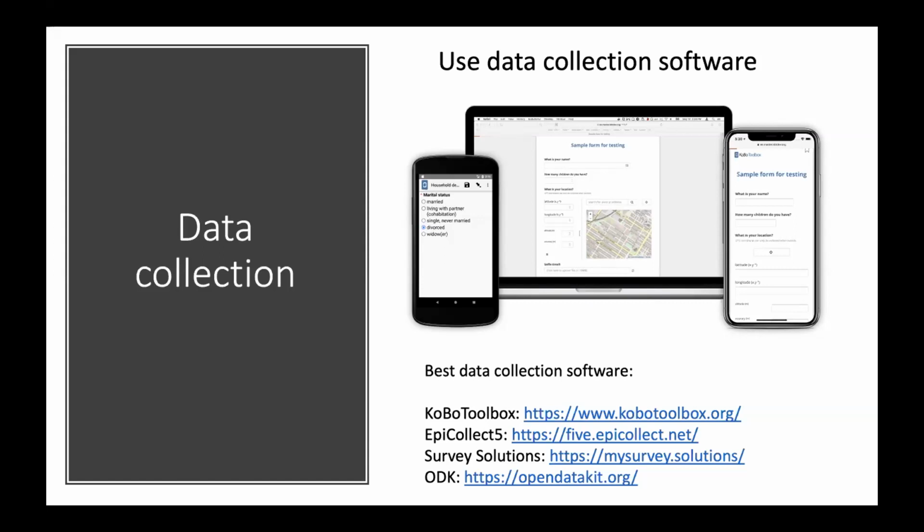A lot of organizations have switched to this recently, and we just started using it. In fact, a couple of weeks ago, we tried it out and we're very impressed. So, any of these four, you're not going to go wrong. That's how you can decide which software to use for your data collection.